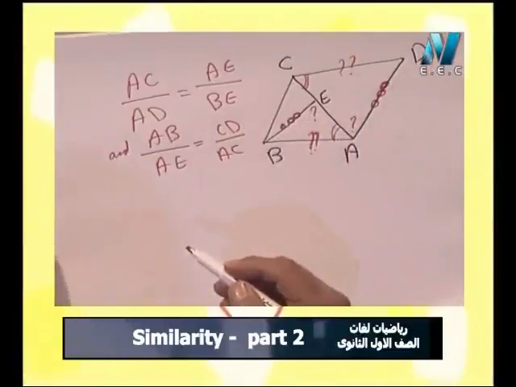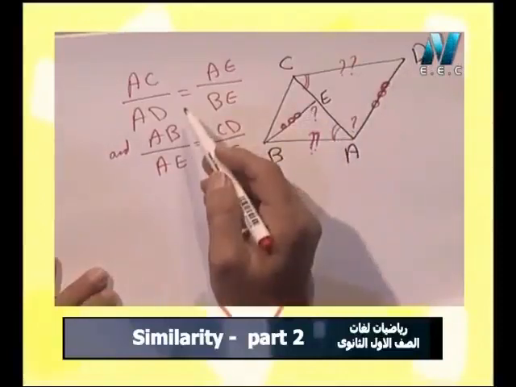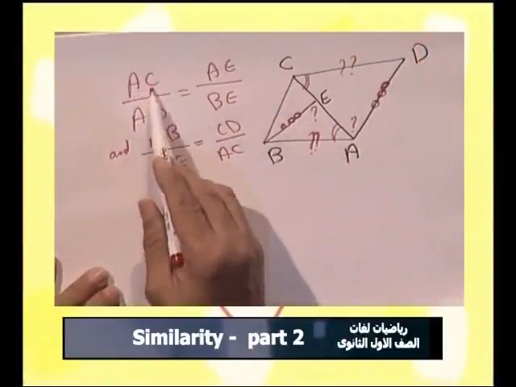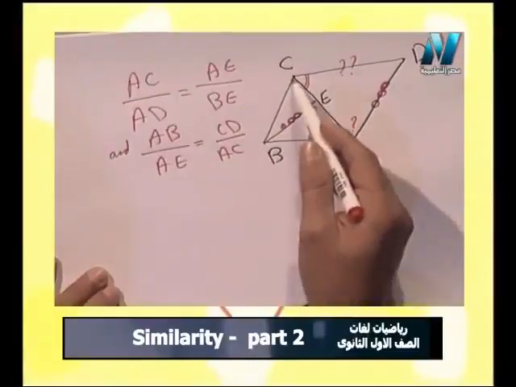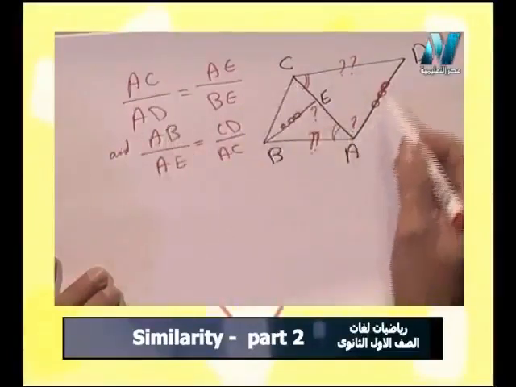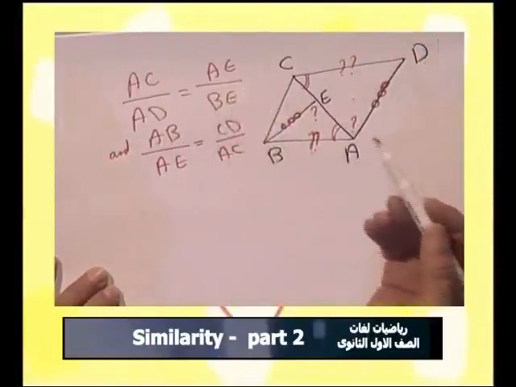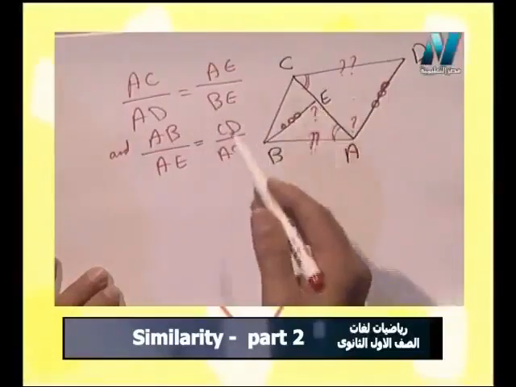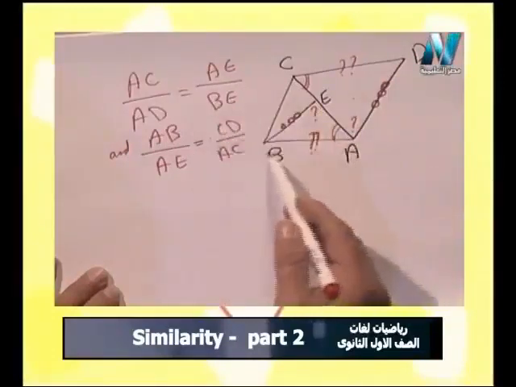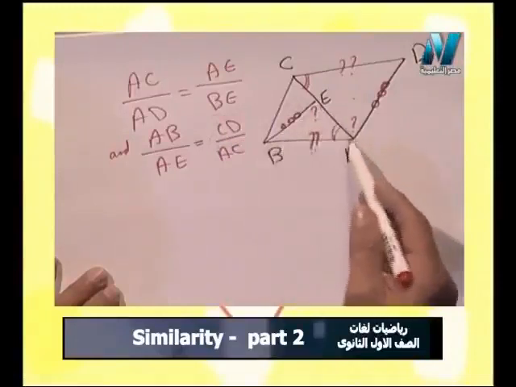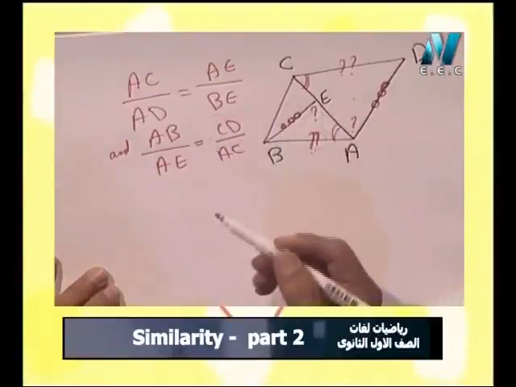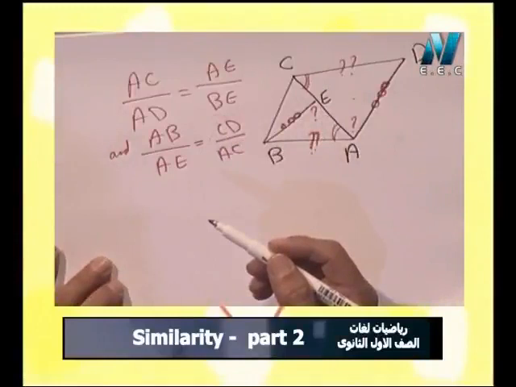So look at these two ratios here. Where is AC? AC here, and AD here on the same triangle. And AE here over BE, the same triangle also. But we have a property of ratios we studied in preparatory 3.